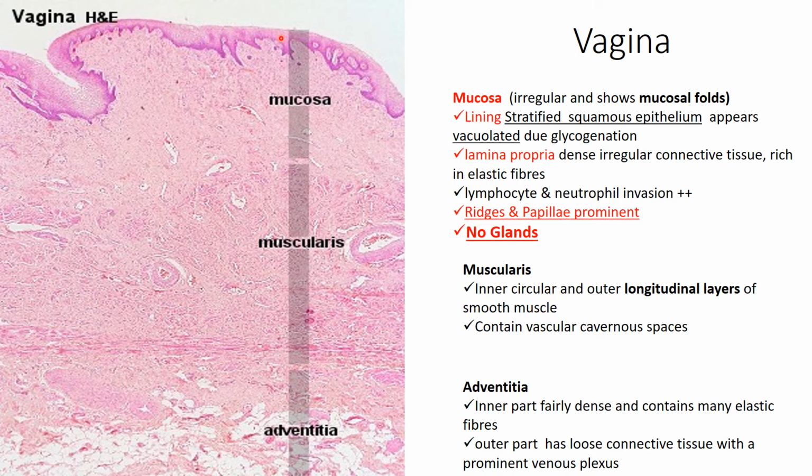Initially the lining is the mucosa, which exhibits irregular mucosal folds, and the lining is stratified squamous non-keratinized epithelium. It appears vacuolated, especially in high power, which we will discuss, because of glycogenation. These cells are glycogenated, so they exhibit vacuolation.